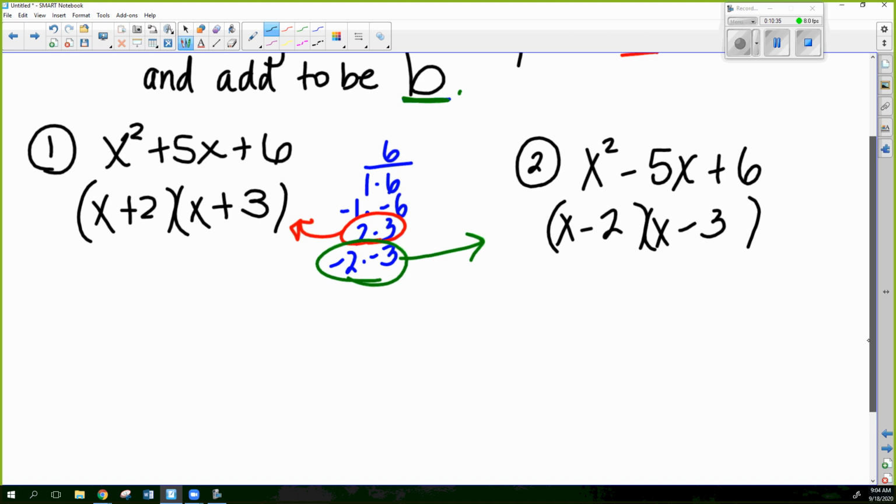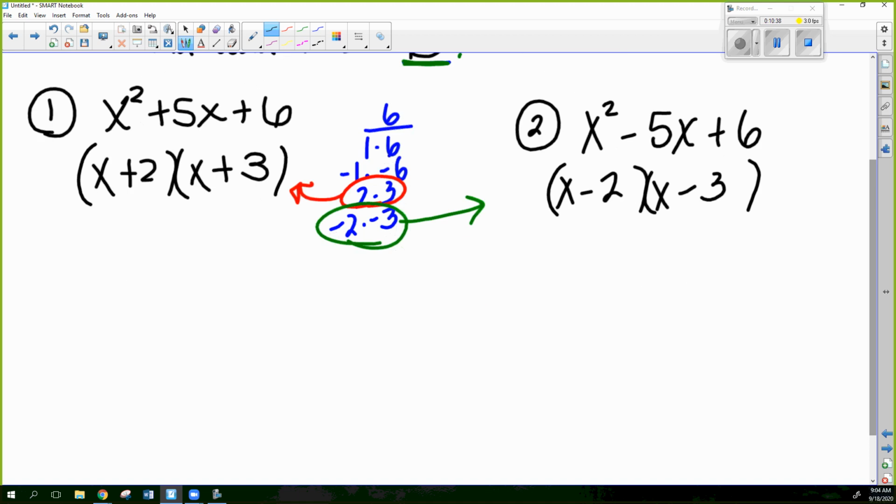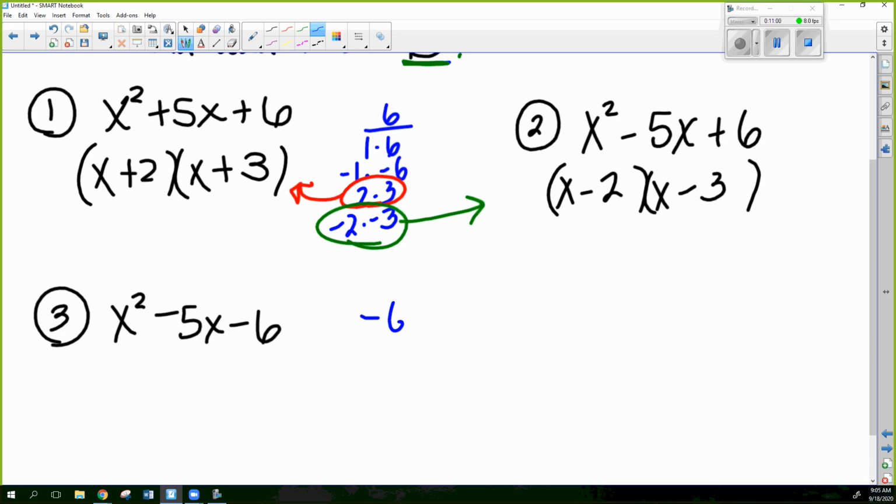All right, now I'm going to change it a little bit. All right, what if I gave you x squared minus 5x minus 6? This time, I need a pair that multiplies to be what number? Negative 6.